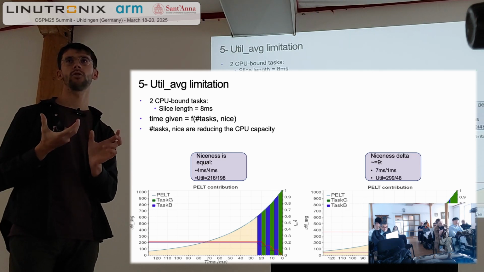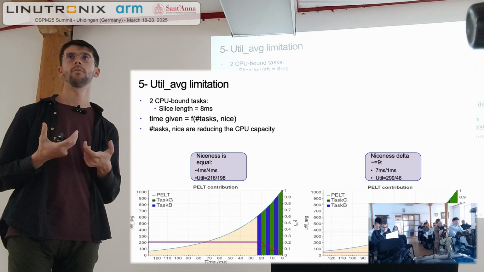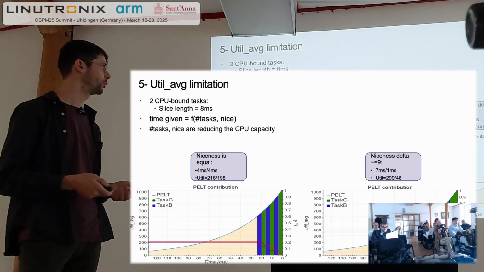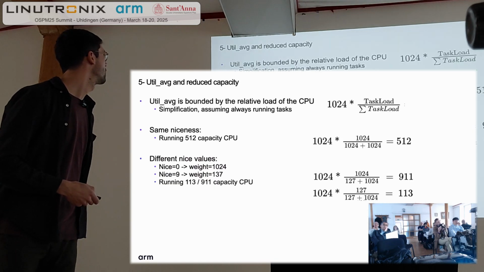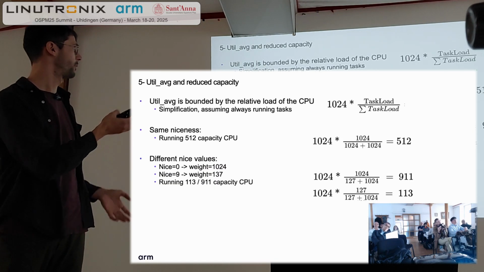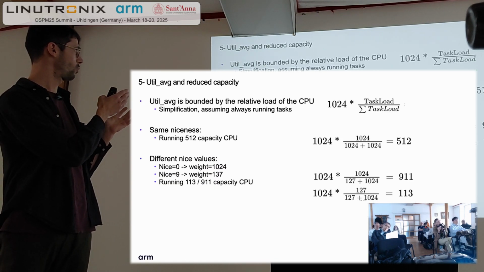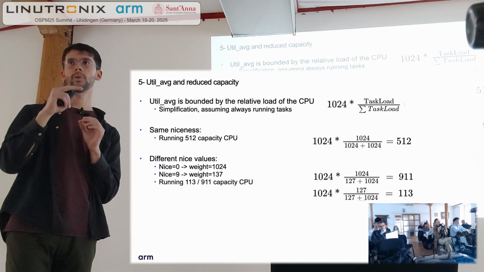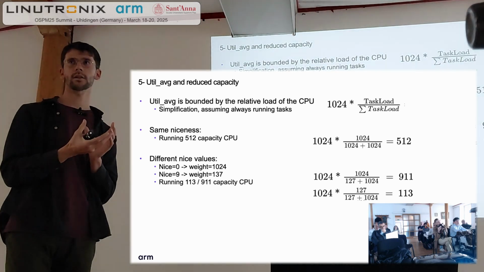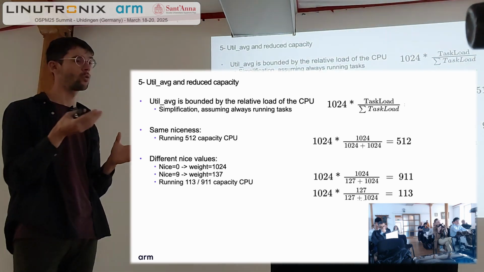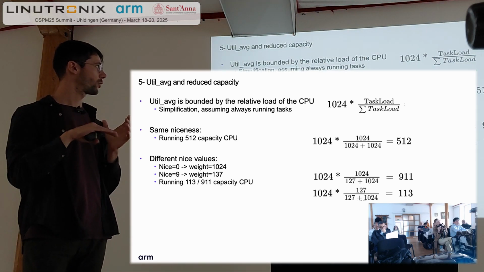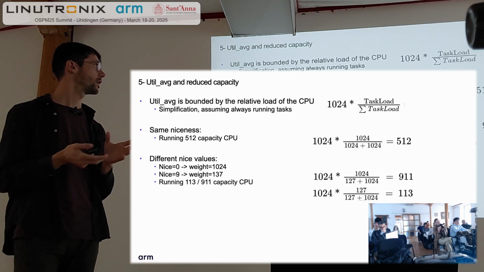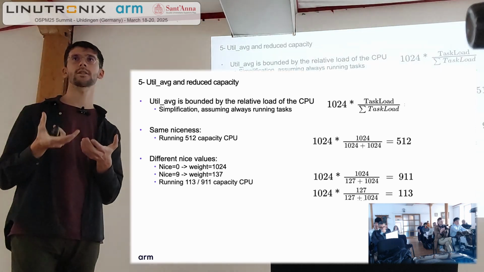It doesn't mean that the tasks don't have the same size, but it just means that we are not giving the opportunity to the blue task to grow. It's a simplification, but what is limiting in this case is that we are bounded by the ratio of the load of the task, so the niceness or weight of one task, divided by the sum of the weights of the tasks on the CPU.